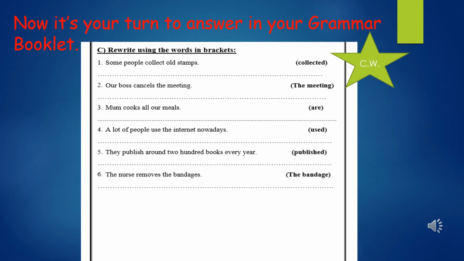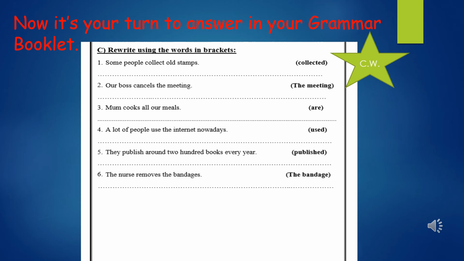They publish around 200 books every year. A longer sentence, but it's easier. "Published" between brackets. It's the same as sentence number 1. When we see the PP between brackets, this means that he wants us to change it from active into passive. So, they publish around 200 books every year. Where's the subject?